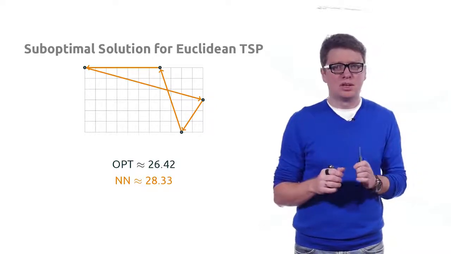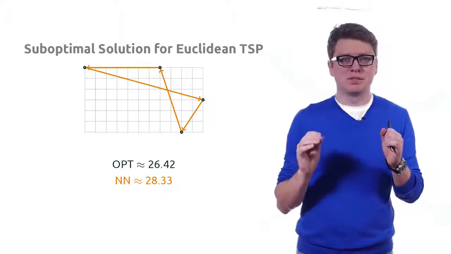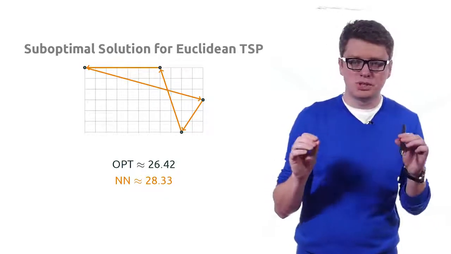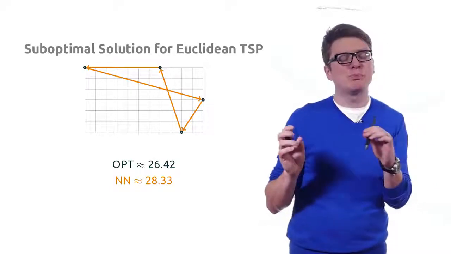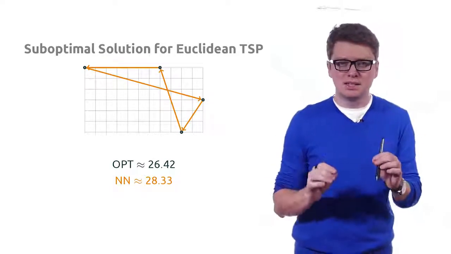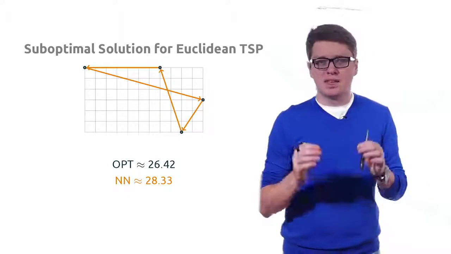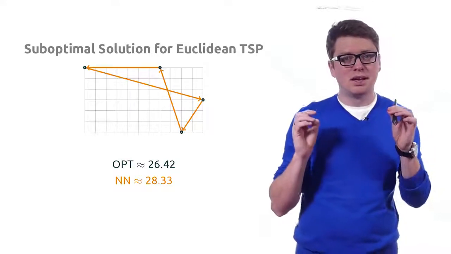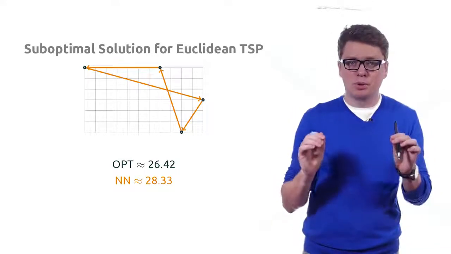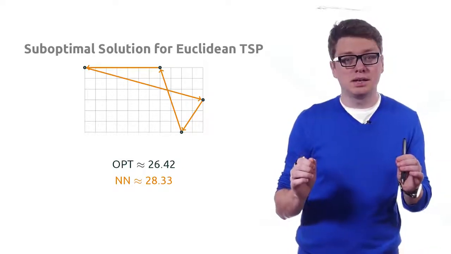So if you are okay that your fast algorithm is going to produce a result which is probably not optimal, but at the same time not much worse than an optimal one, then this could be a reasonable choice in practice. Okay, in the next videos we are going to consider algorithms that are guaranteed to compute optimal result, but at a cost, of course, at a longer running time.